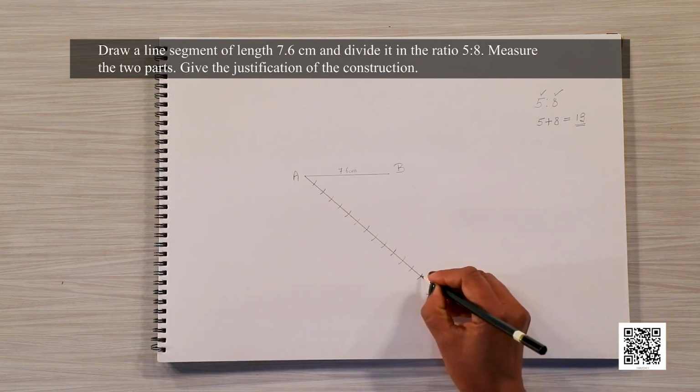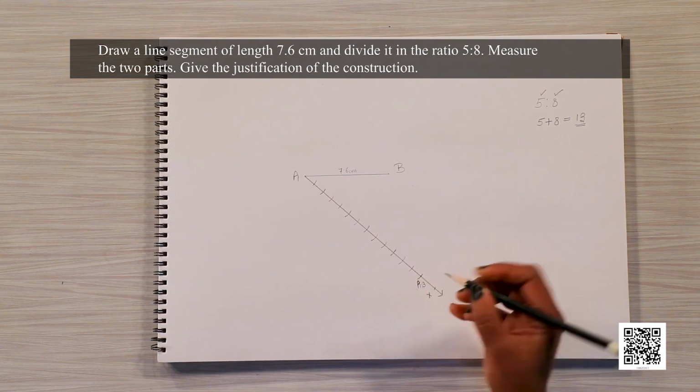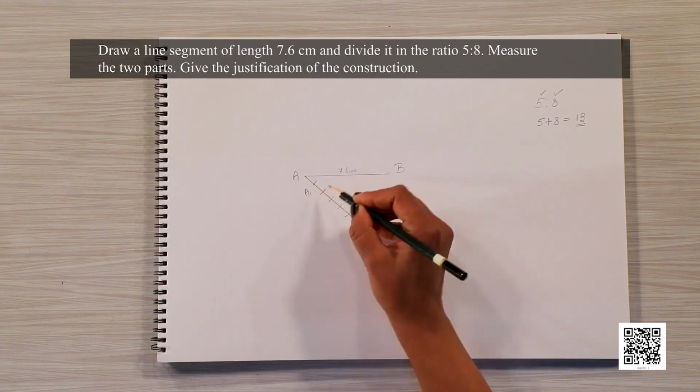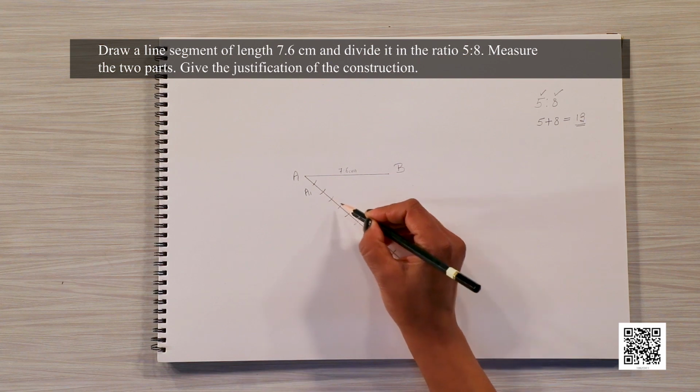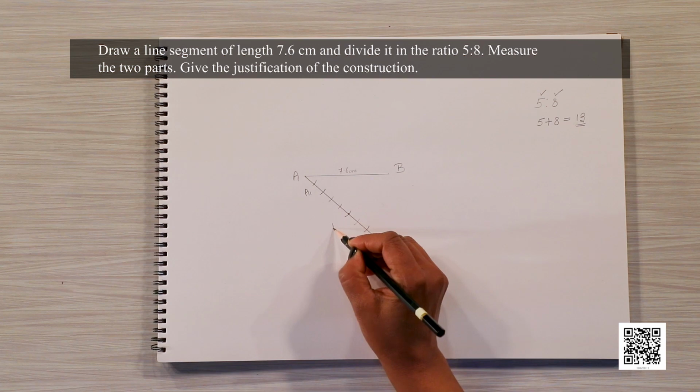So, this point is A13. This point is A1. This is A2, A3, A4 and this point is A5.